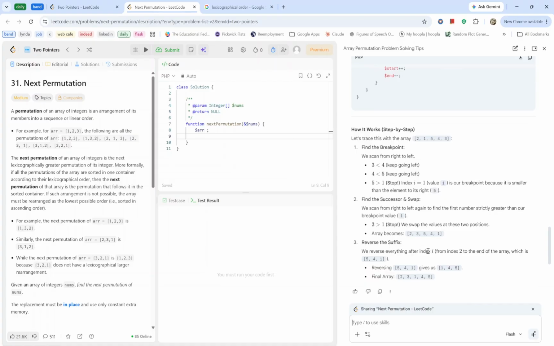We reverse everything after index I, from index 2 to the end of the array, which is 541. That gives us 145. So it's 23145. I see.